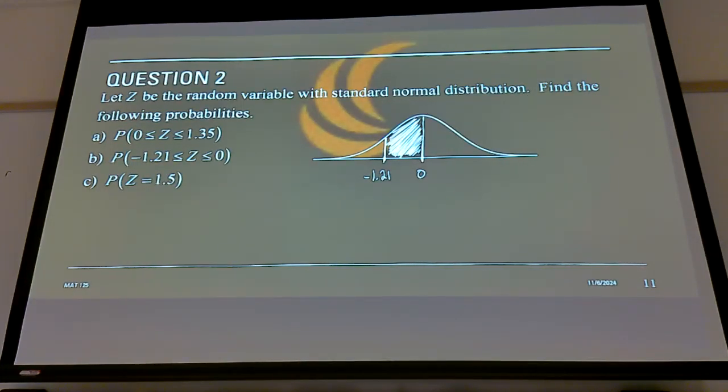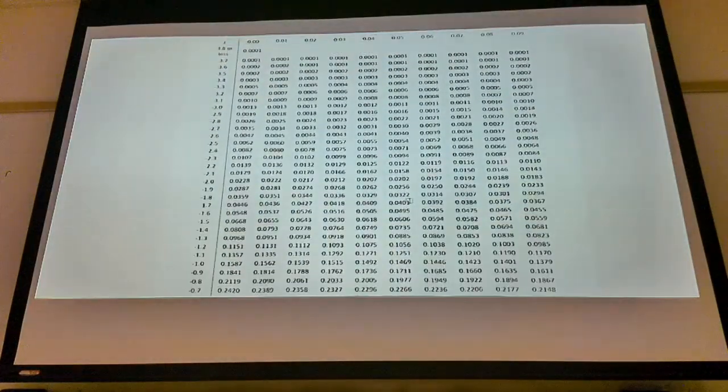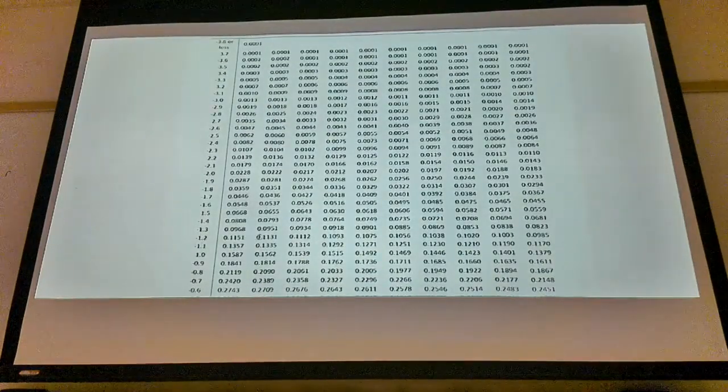Well, we can easily find that value. Right, that yellow is just that probability, right? 0.1131. Yeah, so it's that area, 0.1131.